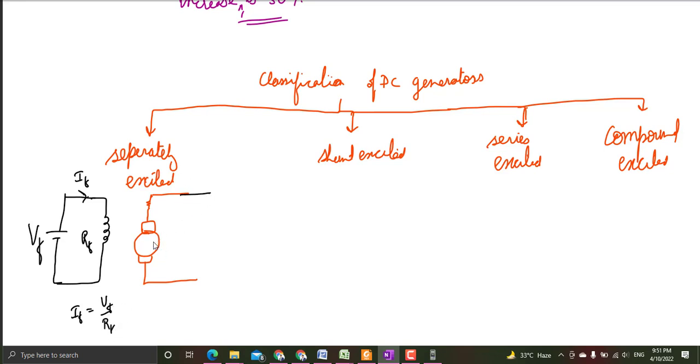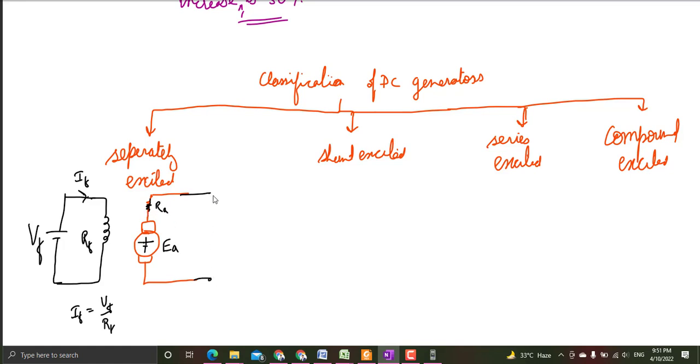When this generator is rotated in this flux, it will produce an EMF. We call this the generated EMF, which we have just found out how to calculate, that is EA, and it has resistance RA.